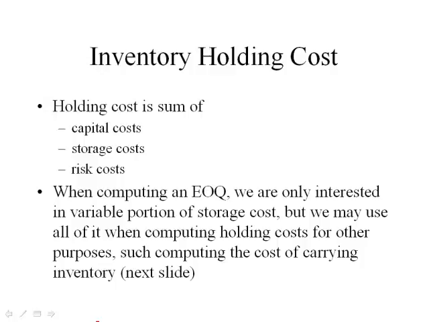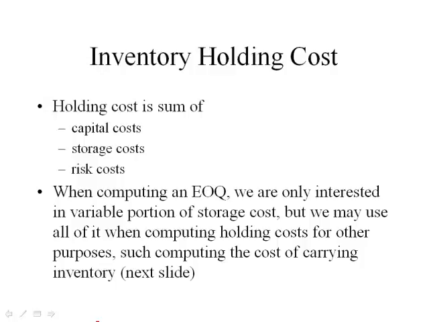So it may be the case that for every $1,000 worth of material that I have in inventory, I lose $1 of that material due to theft. Well, that's an important risk cost. It may be that I lose on average $2 of that $1,000 every year because the inventory went bad or went obsolete. Those would also be examples of risk costs.